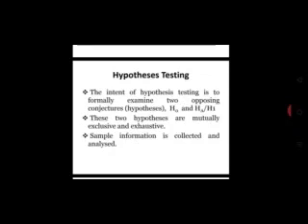Hypothesis testing. The intent of hypothesis testing is to formally examine two opposing conjectures or hypotheses, H0, that is null hypothesis of no effect, and HA or H1, that is of positive effect.